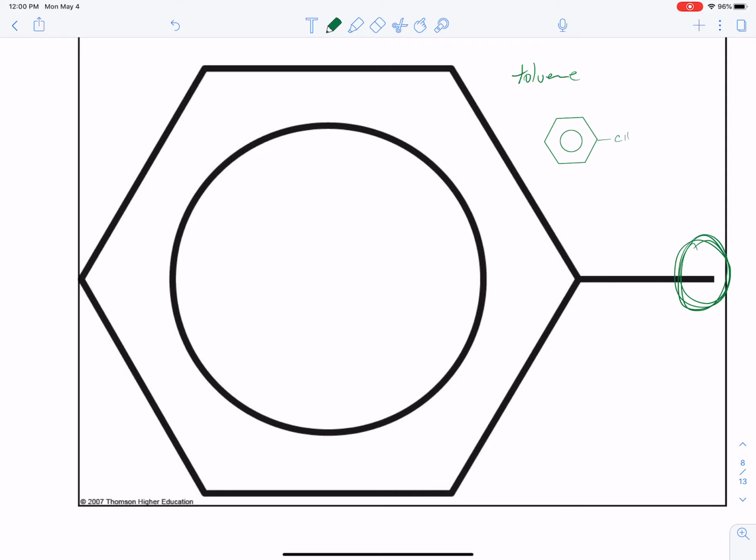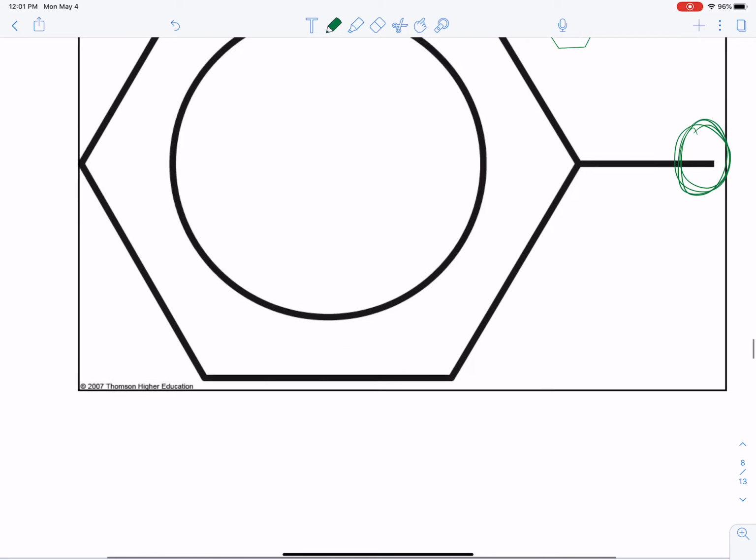So that CH3 that's right there is toluene. Now, why do I point out toluene? Toluene is a solvent that's used in a lot of paints. It's also used to dissolve a lot of different organics. Pretty fascinating.